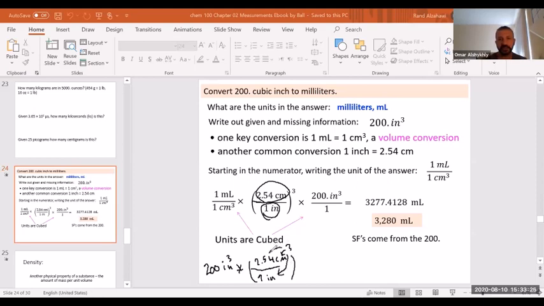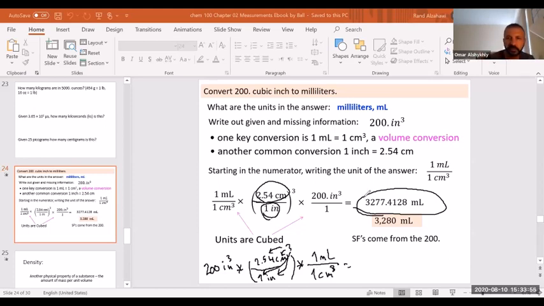And for the number also, 2.54 to the power 3 and 1 to the power 3. Then I will convert to millimeter. Each 1 cubic centimeter gives me 1 milliliter. Do the math and you will get the number here.